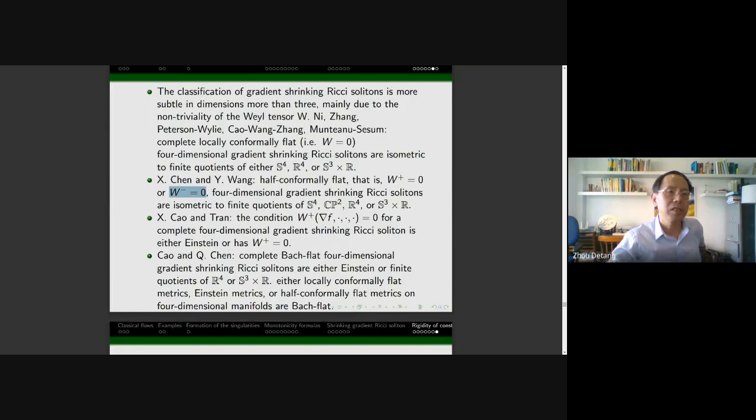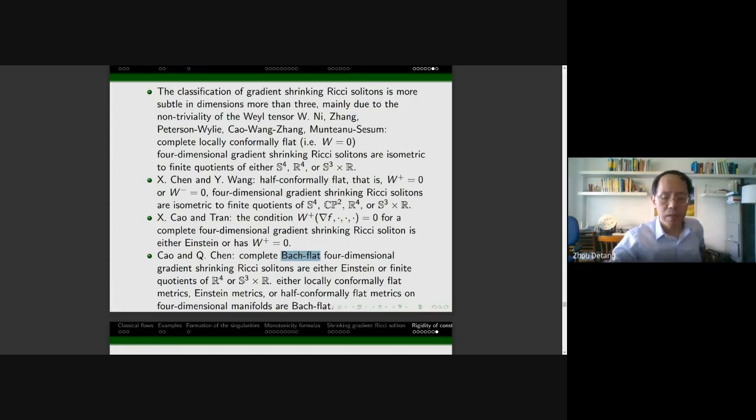And then later, Huai-Dong Cao and Chen proved that you don't need this one to equal 0; you only need to assume this one is 0. And Cao and Chen proved that using Bach flat, it also has this one. You can see all these examples don't have S2 cross R2.